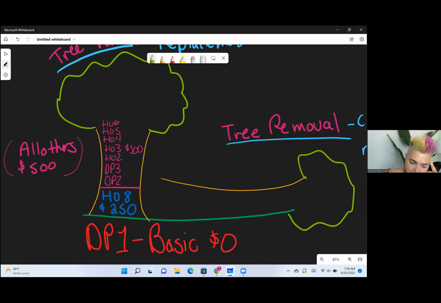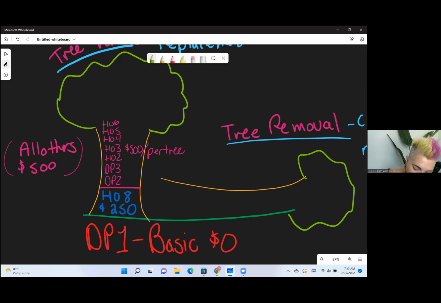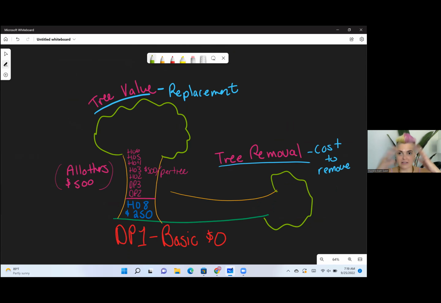Now, this $500 is per tree. But what if you have a million trees? Do you get $500 times a million? No, there has to be a limit to how much coverage you're going to get for your trees. So the limit is, remember, coverage A is coverage for the house itself, the walls and the roof, and it's known as the main coverage on all the policies.